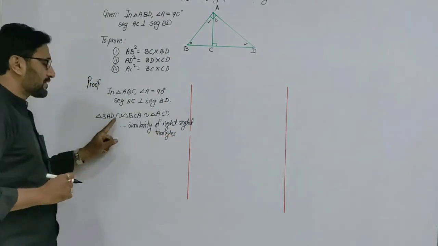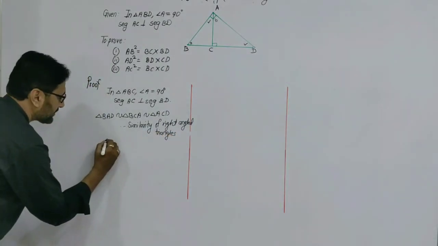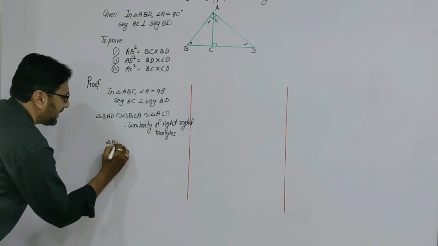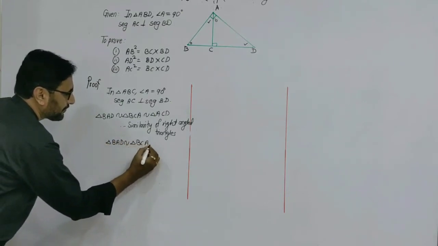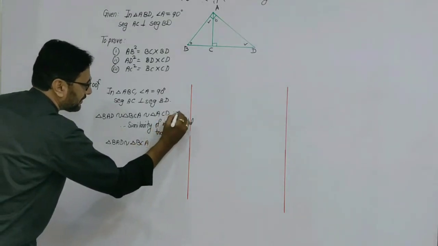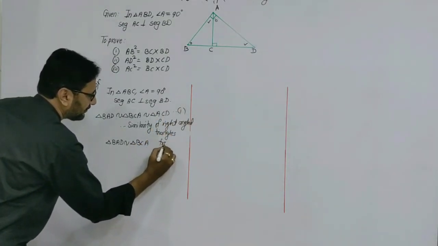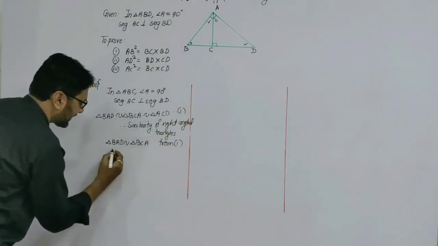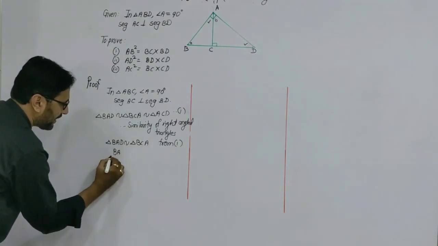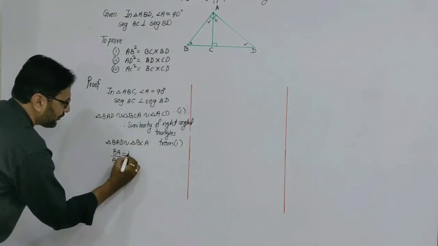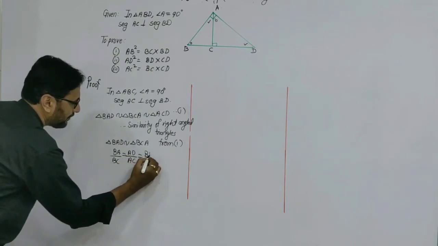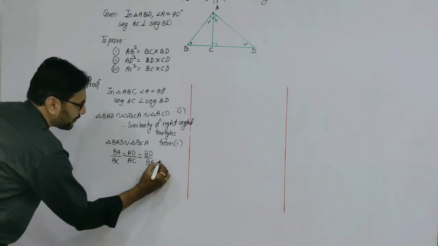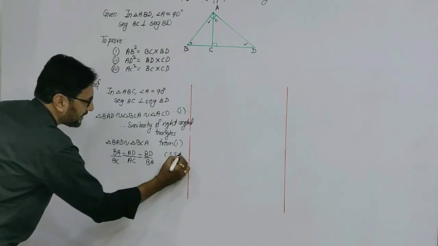Now consider the first pair. Triangle BAD is similar to triangle BCA from 1. Write their corresponding sides. BA upon BC equal to AD upon AC equal to BD upon BA, corresponding sides of similar triangles.